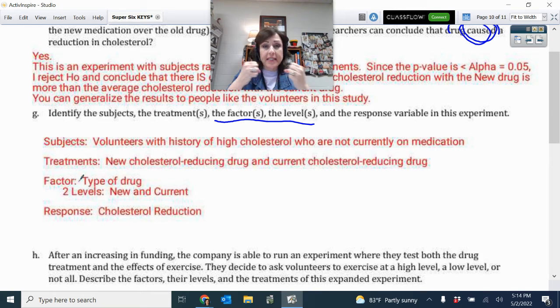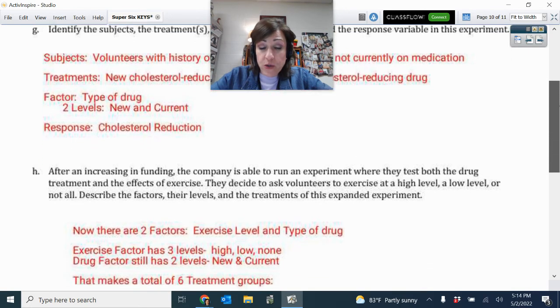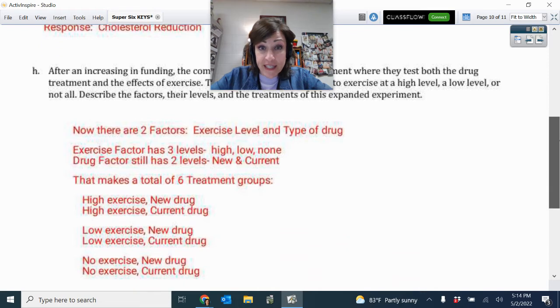So in this case, type of drug was the one factor that we had. And how many of those types of drugs were there? That's the levels. There were two levels, the new and the current on the market. And the response that we were measuring was cholesterol reduction.